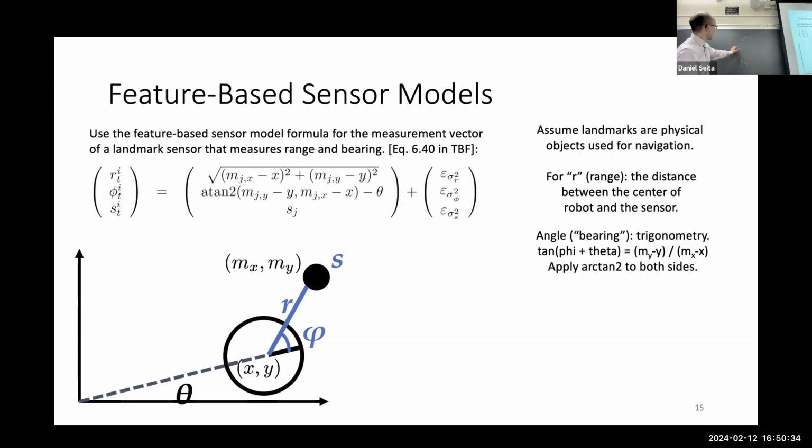I'm assuming there's a perpendicular angle here.